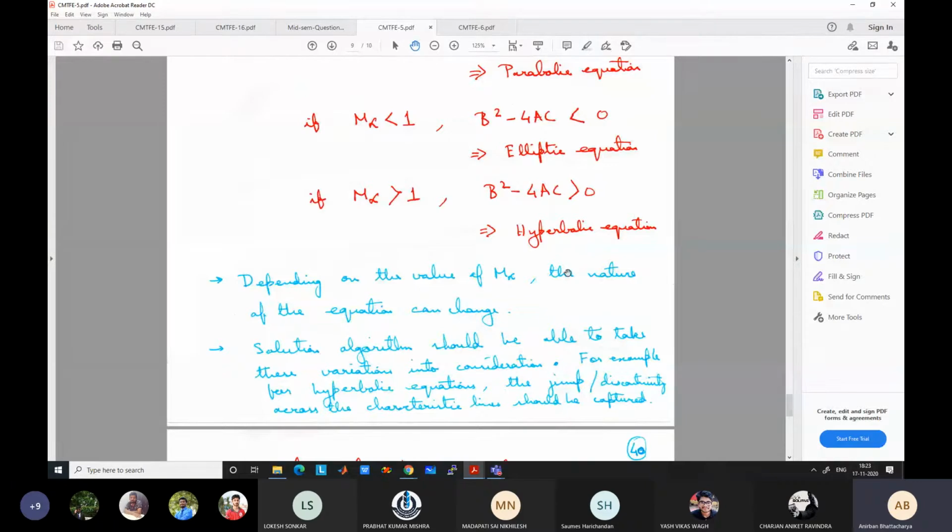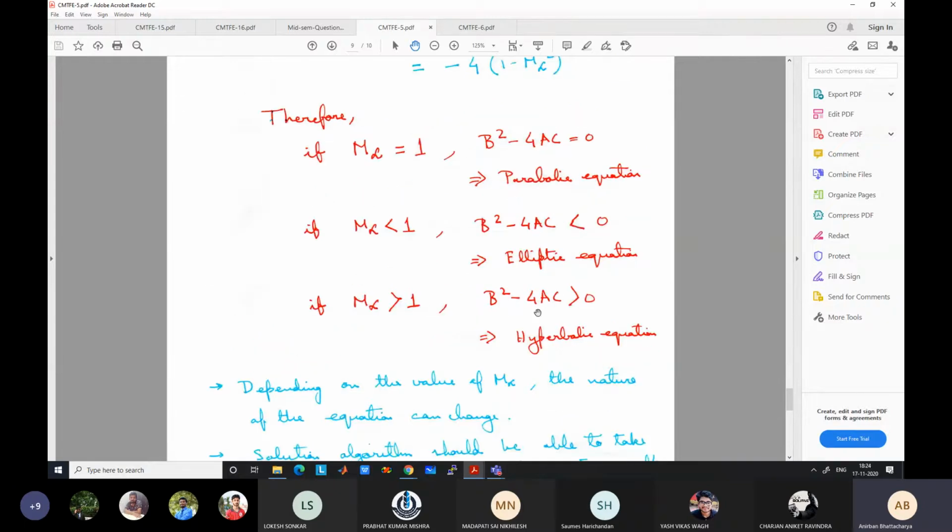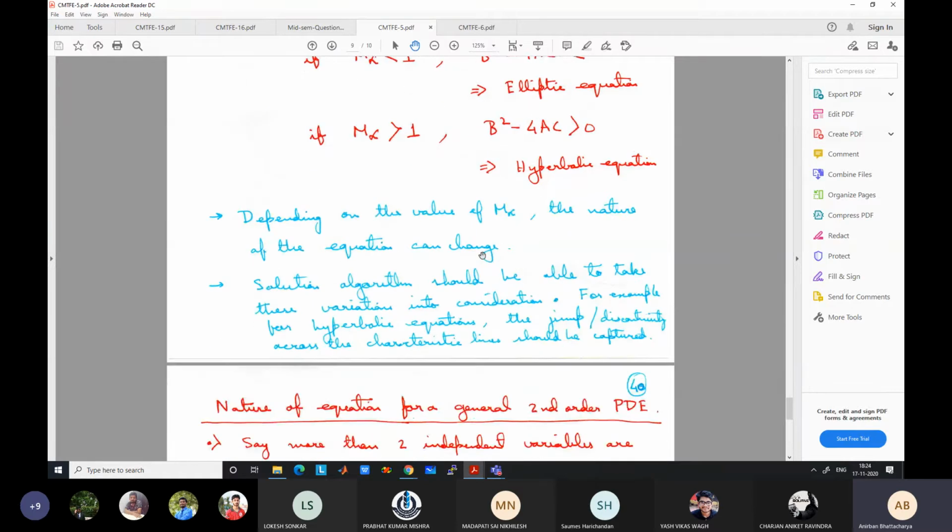The main significance of this, many of you have done correctly, many have not, and some have done it partially correctly. I have given partial marks. It is that not only can we know the nature of the equation, but by knowing the nature of the equation, we can tune our solution algorithm. We have to generalize our solution algorithm such that we can take the different types of behavior into account. Some of you have said that we have to develop the solution algorithm accordingly.